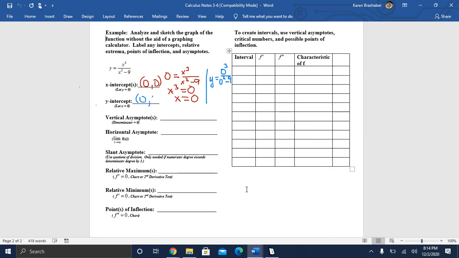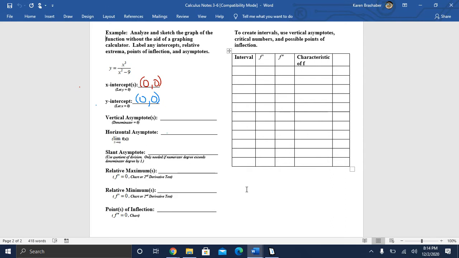So your x and y-intercept are both 0, 0. Sometimes you do have more than one x-intercept, but that is not the case for this problem. So I'm going to get rid of that work for your intercepts.